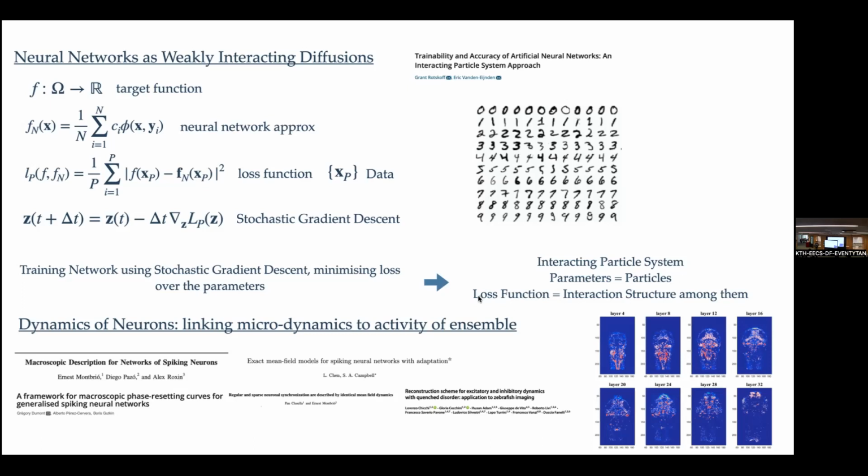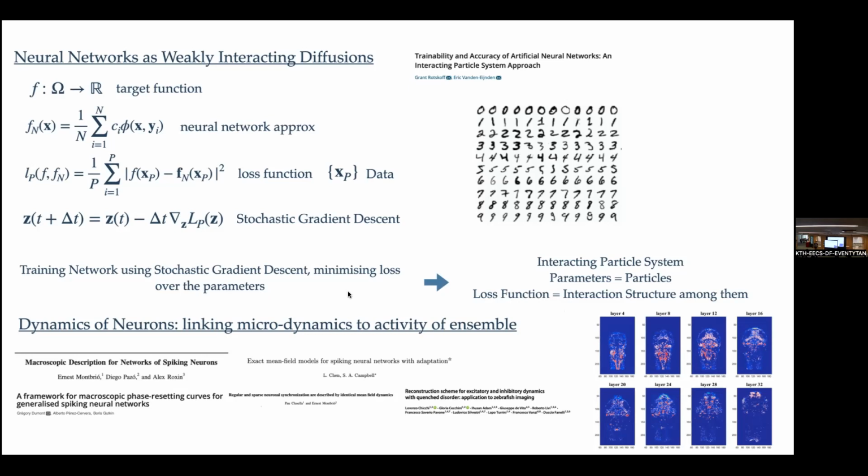This has led to some research finding a dynamical version of the universal approximation theorem, if you're familiar. But also, I wanted to mention that mean field models have also been used with some kind of success to describe a macroscopic behavior of some kind of processes in the brain.